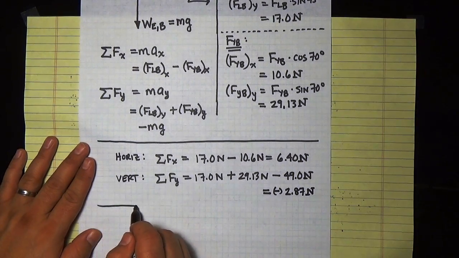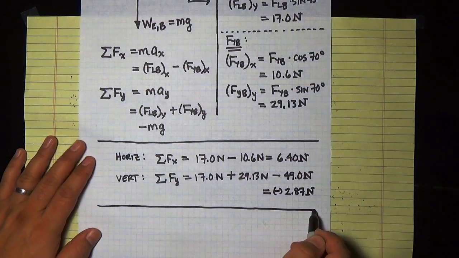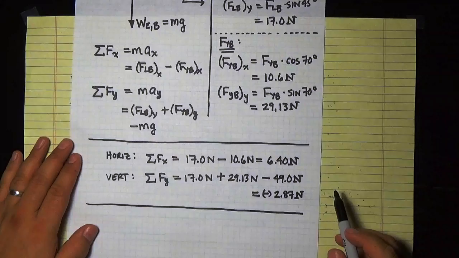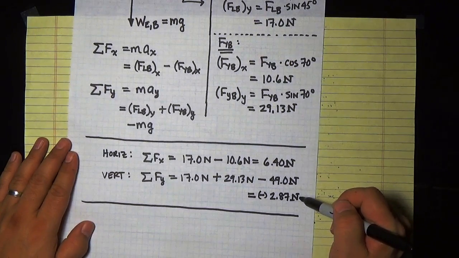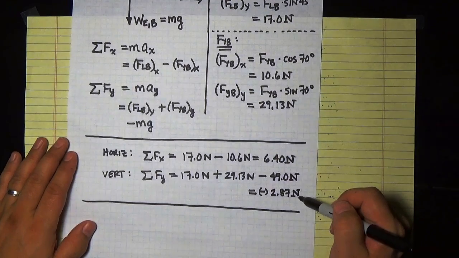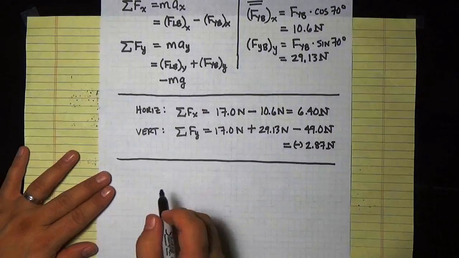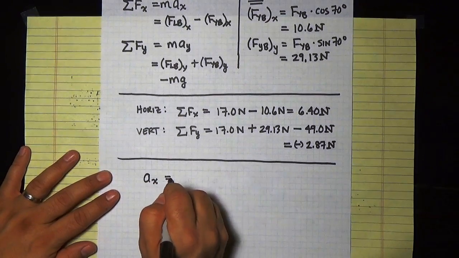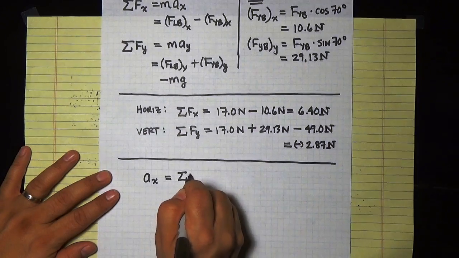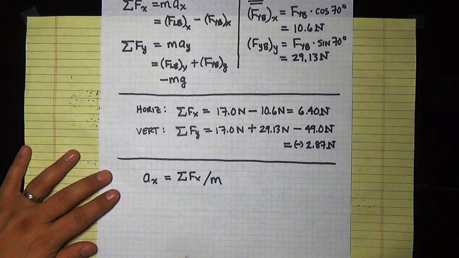So now what the problem asks for is who is going to win the battle. Well, I know that the net force is towards me and towards the floor, so it looks like I'm going to win the battle. And what we want to know is what is the acceleration. The component of the acceleration in the x direction is the sum of the forces in the x direction divided by the mass of the bucket.